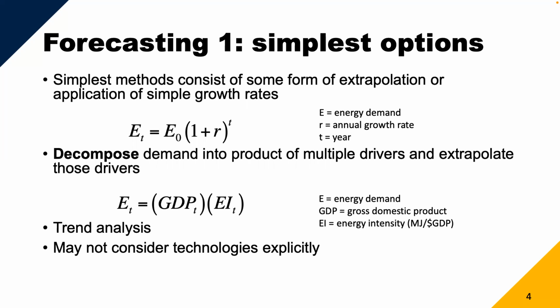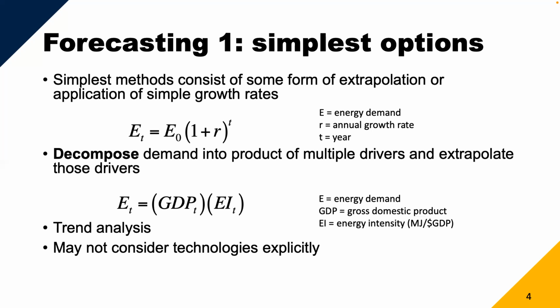So this is the amount of energy in time t, and the amount is just based off of some baseline energy in whatever baseline year, and then you have some growth rate to the power of t. So this is essentially some kind of exponential growth rate.